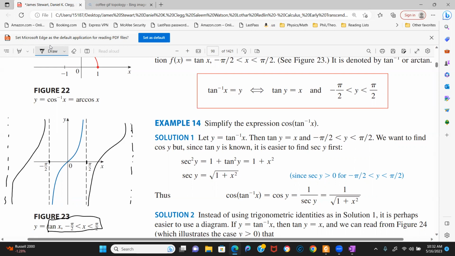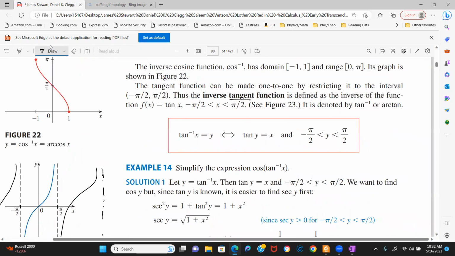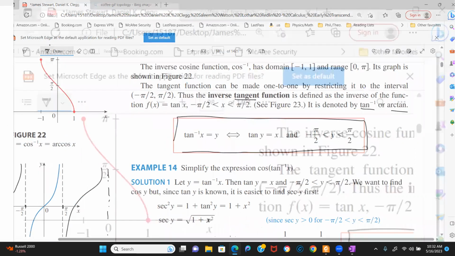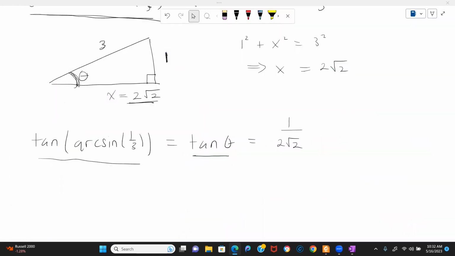If you just look at this blue curve right here, this is the restricted tangent function. This will have an inverse, and you call it tan inverse or arctan, and it has to satisfy this property right here.